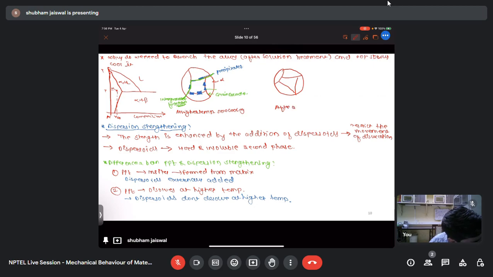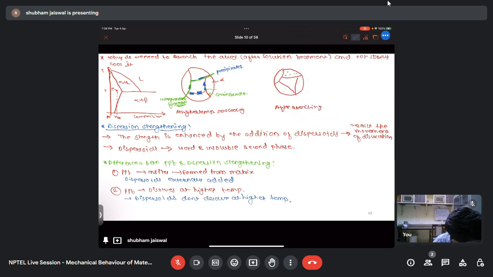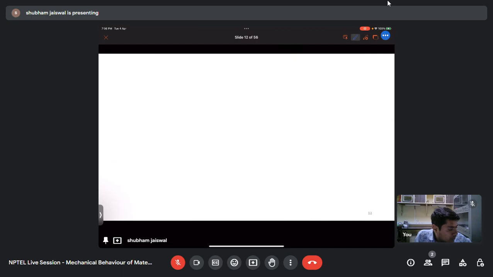After quenching also we can get precipitates at the grain boundaries, but not as much as in the previous case. So that's why we prefer quenching after the solution treatment is done rather than slow cooling. So this is all about week 9.